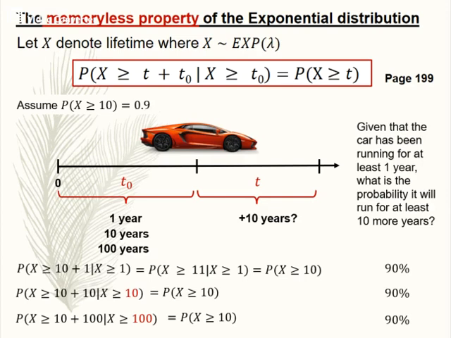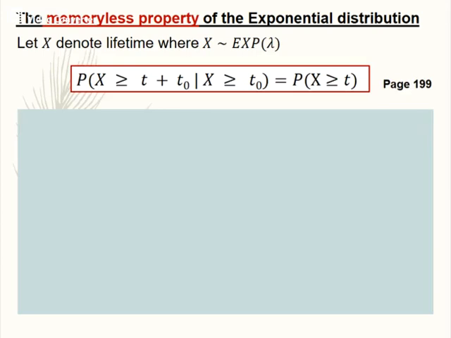Okay, so let's just move on a little bit now and look at it in general. I hope you're already starting to see why this is called the memoryless property or the property of no memory. You see what this exponential distribution did? It completely ignored the fact that that car was running for, was it 1 year or 10 or 100 years?